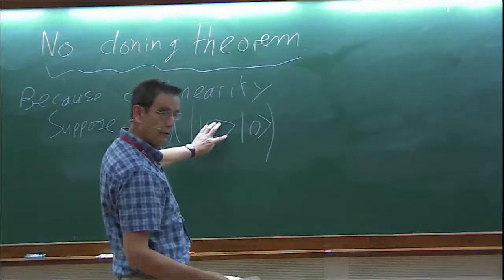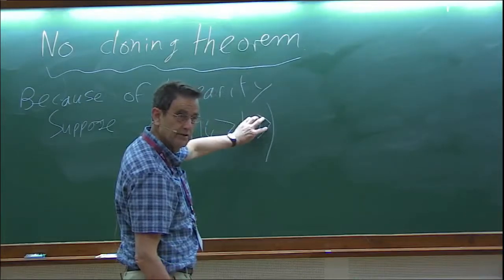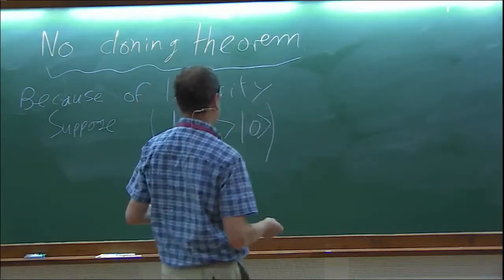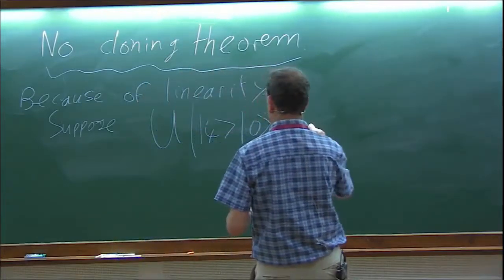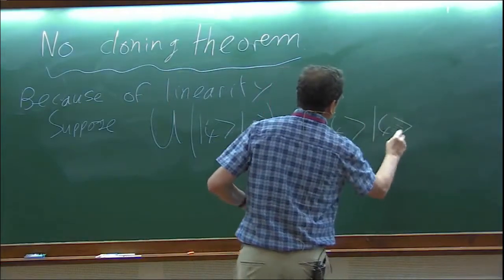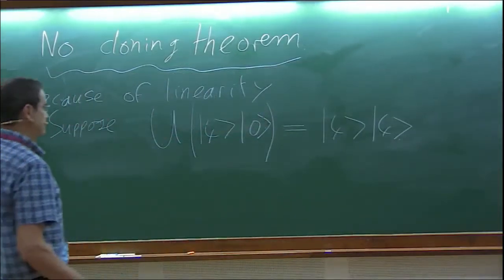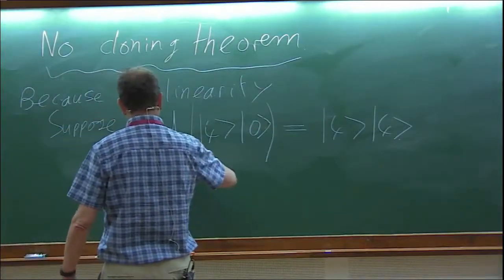So this is the state we want to copy, and we want to copy it into this register here, which is in state 0, say, though there's nothing special about that. Supposing we could do that, and we've copied this, we've been able to duplicate it.